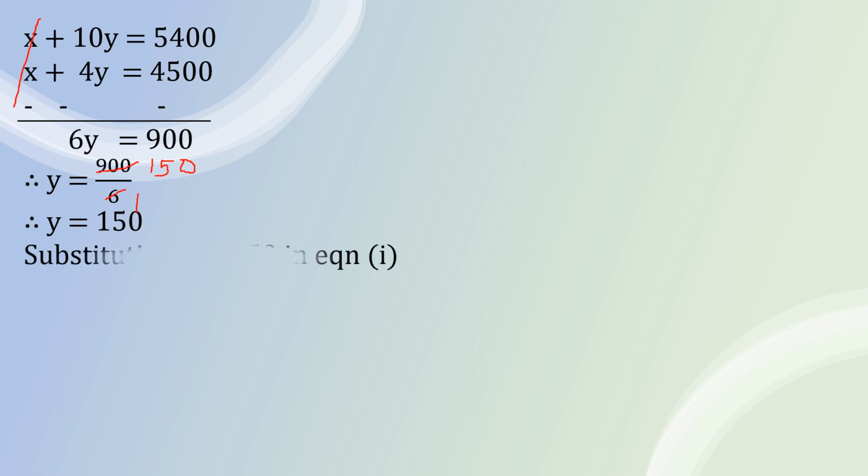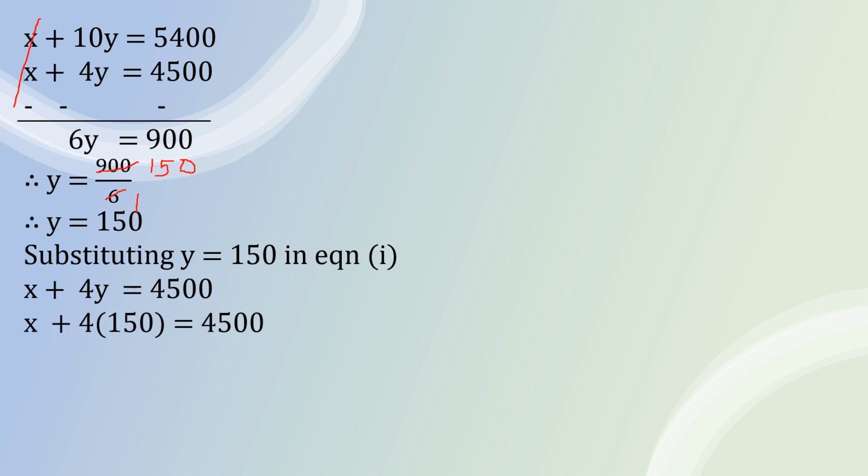Now I'll substitute this value in equation 1. So substituting Y equal to 150 in equation 1. So we'll write down equation 1 first. X plus 4Y equal to 4,500. So you'll substitute, X plus 4 in place of Y, you'll write down 150 equal to 4,500. So you'll solve.